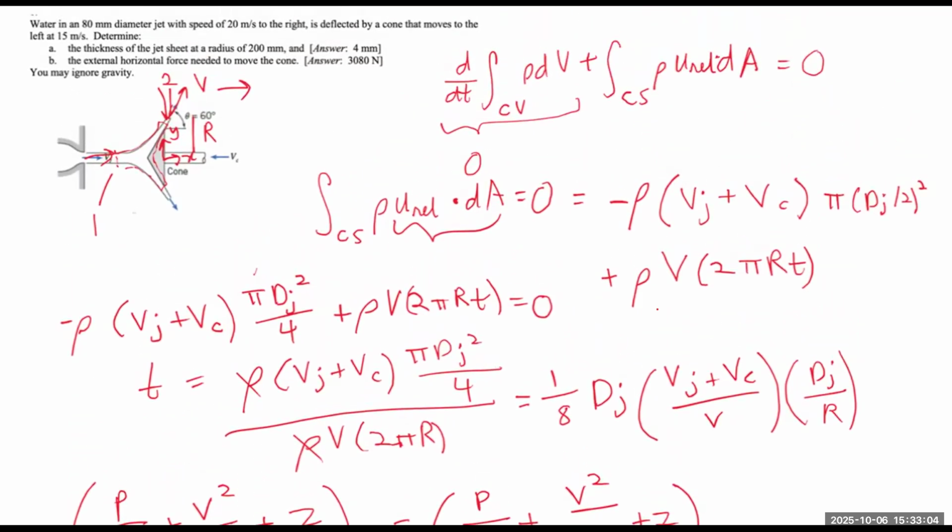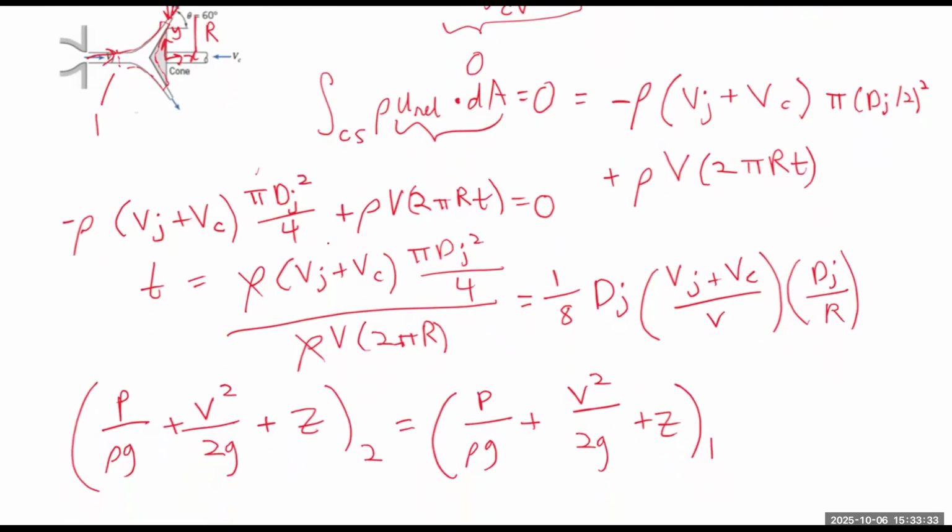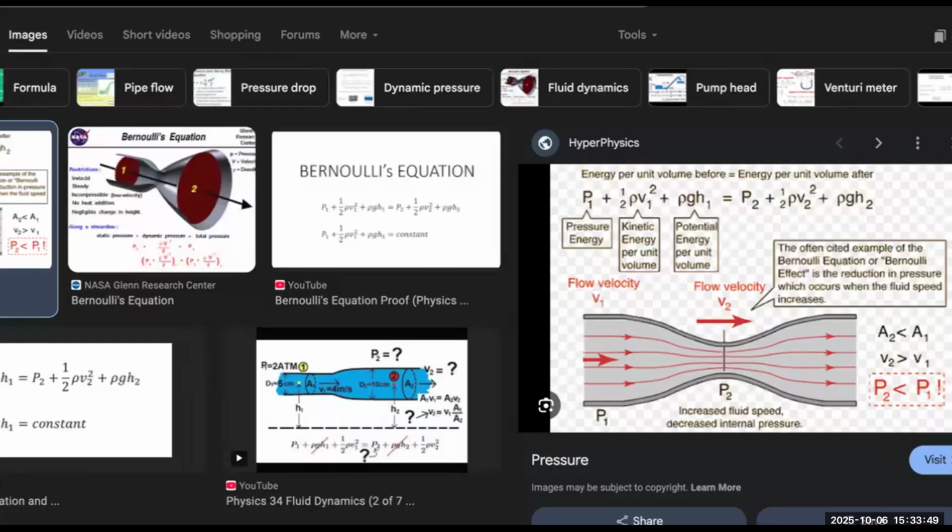Basically, it's energy conservation, and what it says is that the sum of the energies at point 2 must equal the sum of the energies at point 1. Because when velocity increases, for instance, pressure decreases, I believe. And as we saw earlier in one other video, Bernoulli's principle is like this, so the energy per unit volume before is equal to the energy per unit volume after.